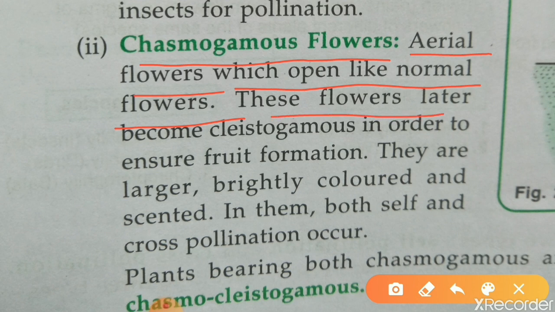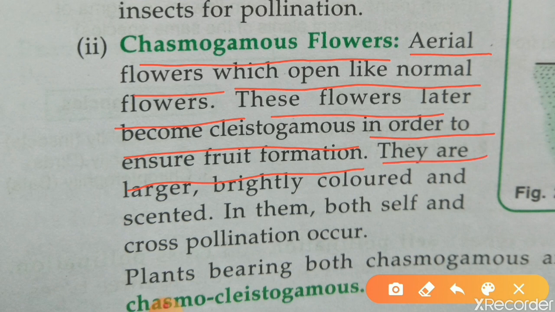These flowers later become cleistogamous for what? In order to ensure fruit formation. For ensuring fruit formation, this chasmogamous flower later will become a cleistogamous flower.